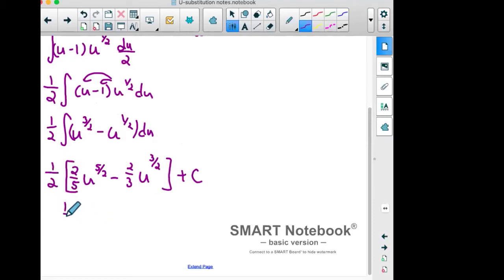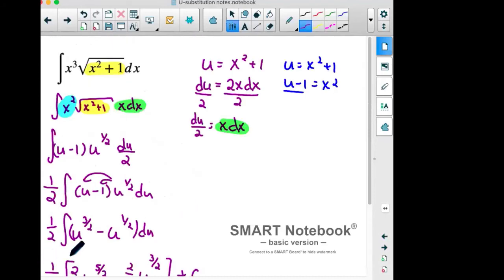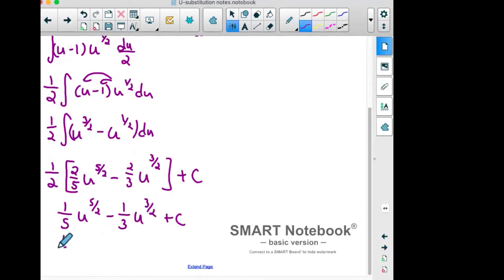This simplifies down to 1/5 u to the 5/2, minus 1/3 u to the 3/2. And I know u is x squared plus 1. So my final answer is 1/5 times x squared plus 1 to the 5/2 power minus 1/3 times x squared plus 1 to the 3/2 power plus c.